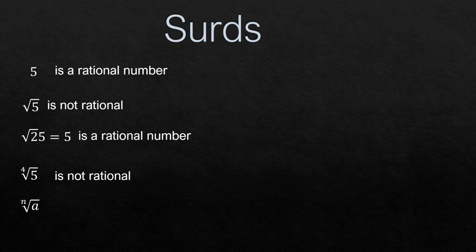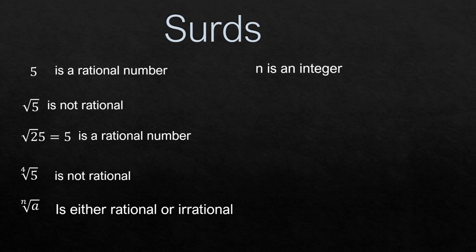And if you think how can we represent such numbers, rational or irrational, irrespective of the root, we can simply say nth root of a. It can be anything, and n can be any number. Suppose that n is an integer and a is a positive rational number.